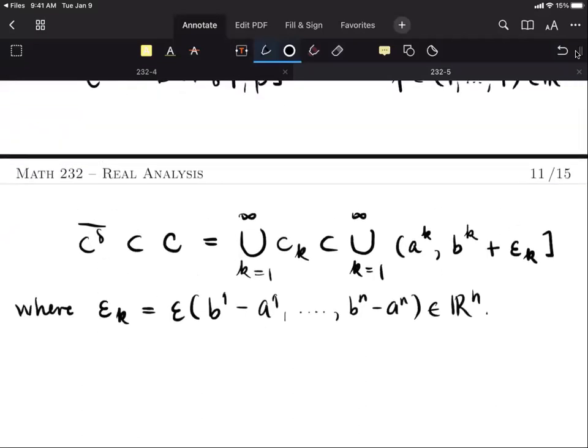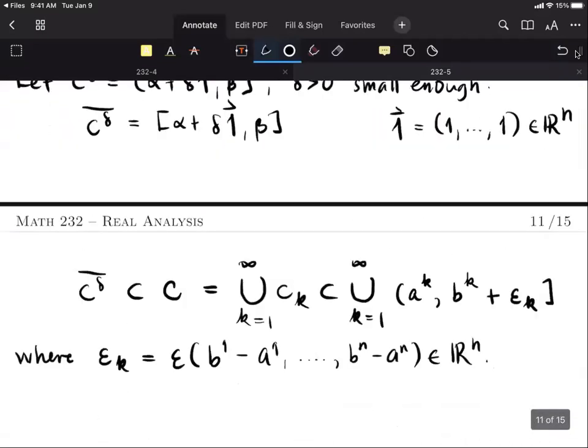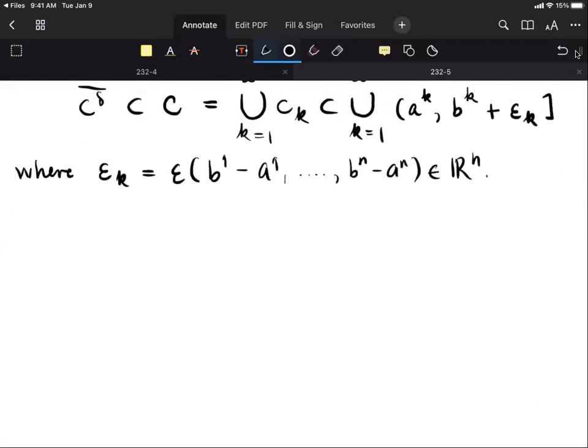So here, the idea is similar to what we have. Let us illustrate this in the two-dimensional case. We begin with C sub k. You add an epsilon on the right, and then you add epsilon above.